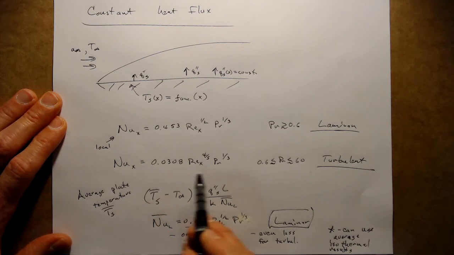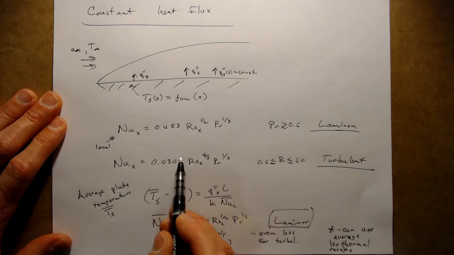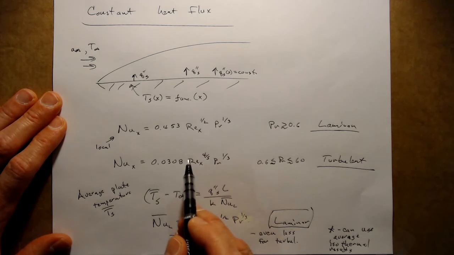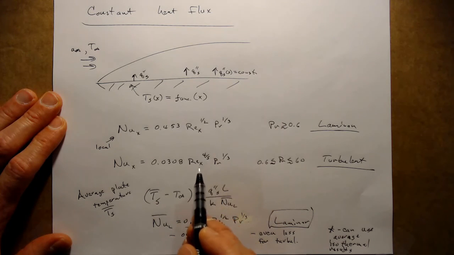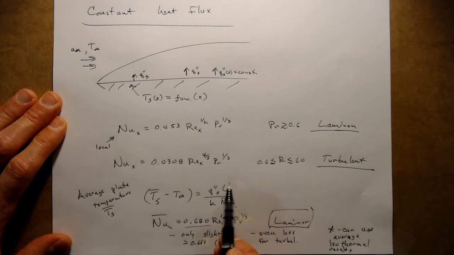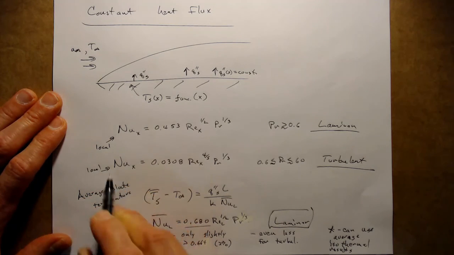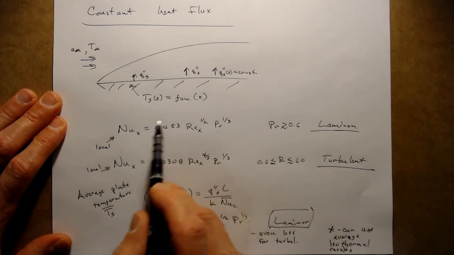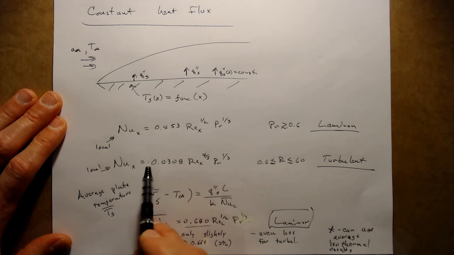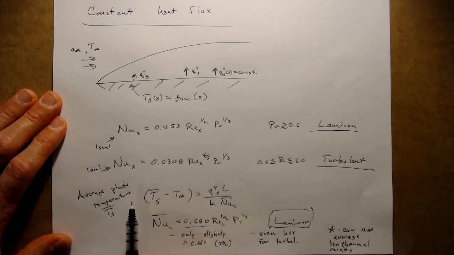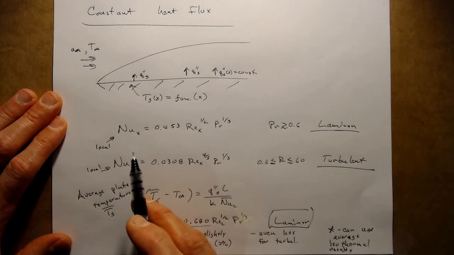And the same occurs for the turbulent case, although now the prefactor is still larger. We still have the same dependence on Reynolds number to the 4/5, Prandtl number to the 1/3, but the local Nusselt number now is somewhat larger, to a smaller degree than it was for the laminar case, than the isothermal case.